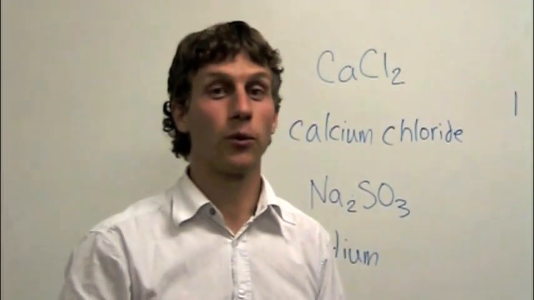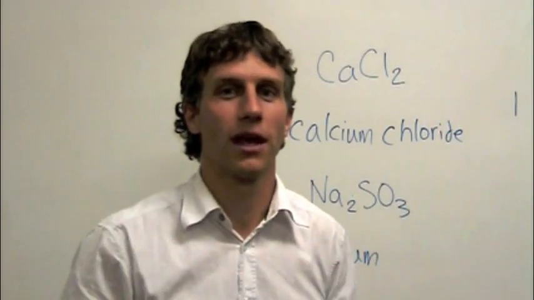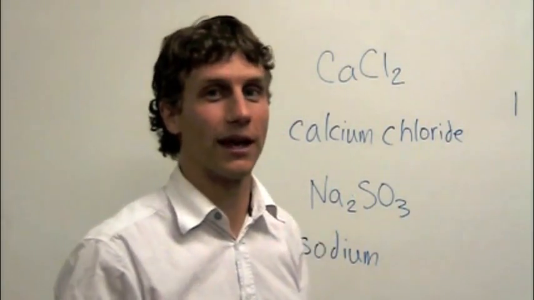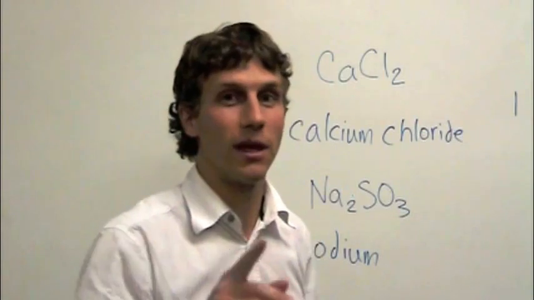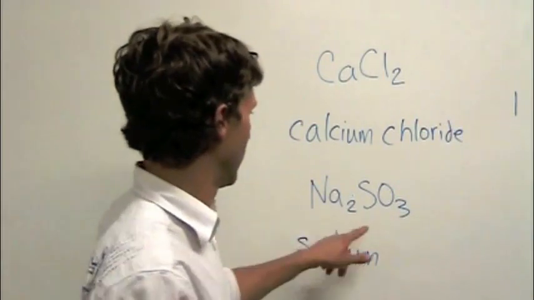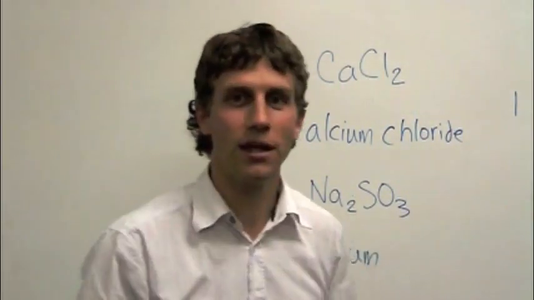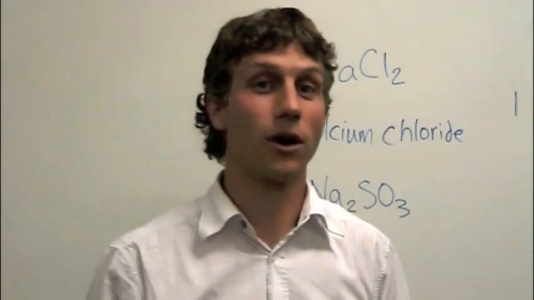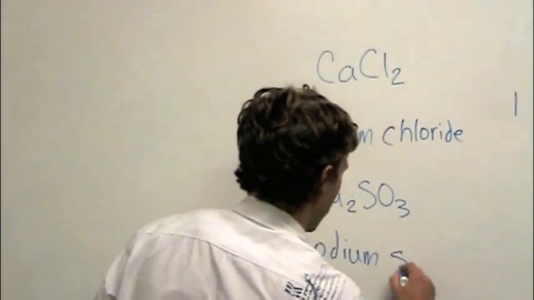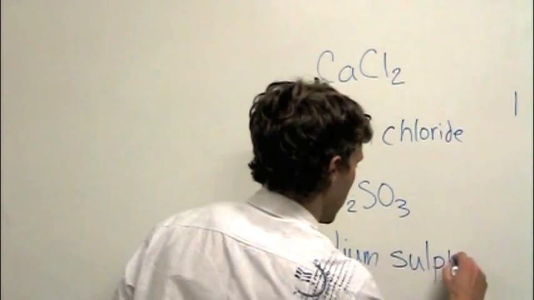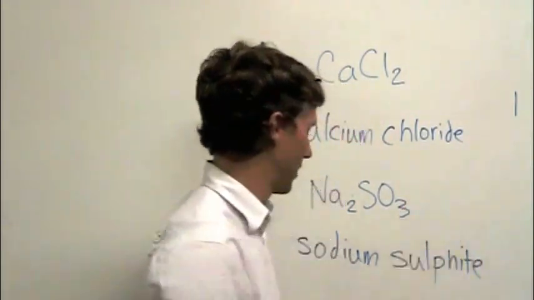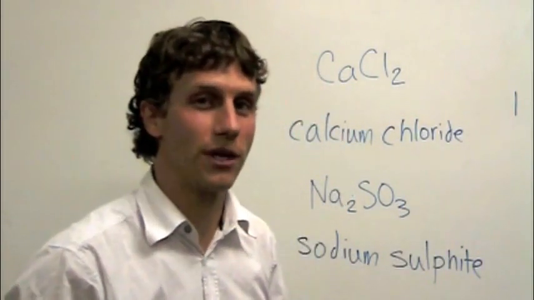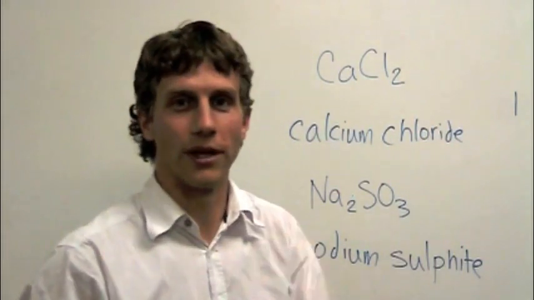And whenever you have one with more than 2 capital letters, that tells you to look again at page 92 in your textbook. So, SO3 on page 92 is sulfite. So, Na2SO3 is sodium sulfite.